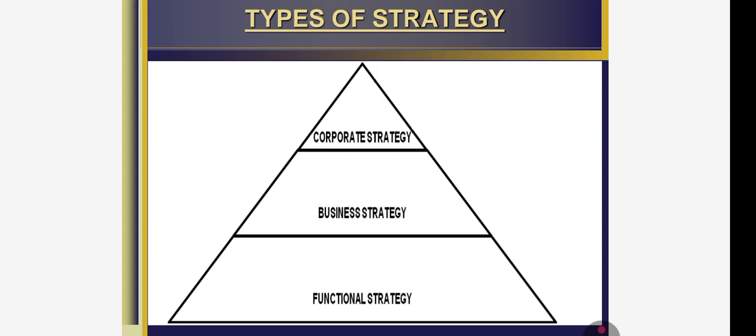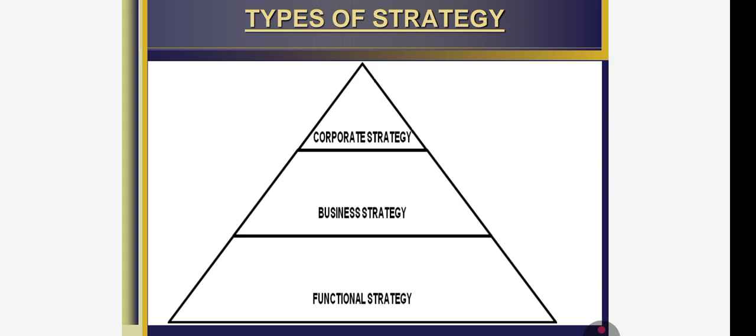So Michael Porter identified three generic strategies. One is cost leadership, then differentiation strategy, and focus strategy. So that can be implemented at the business unit level to create a competitive advantage to defend against the adverse effects of the five forces.